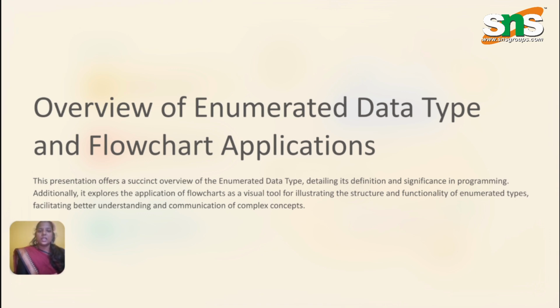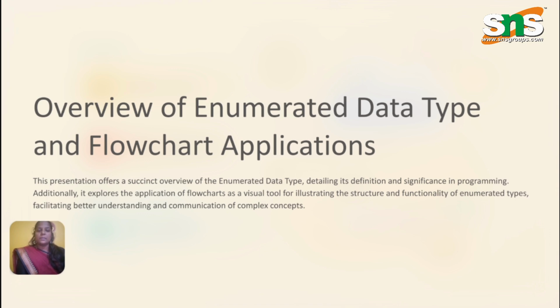An enumerated data type is a user-defined data type that consists of a set of named constant values. It allows us to create a category or group of related items and give them meaningful names.